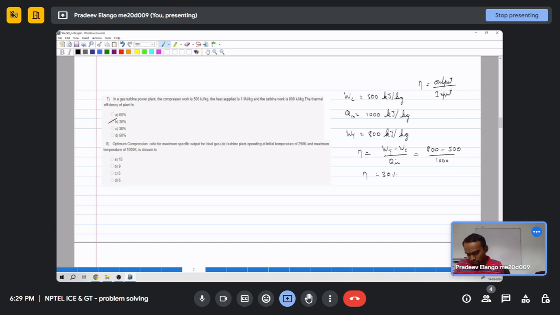Eighth one, optimum compression ratio. This is actually pressure ratio. Optimum pressure ratio for maximum specific output for an ideal gas air turbine plant operating at an initial temperature of 290 Kelvin and maximum temperature of 1000 Kelvin is close to 1, 5, 9, or 6.